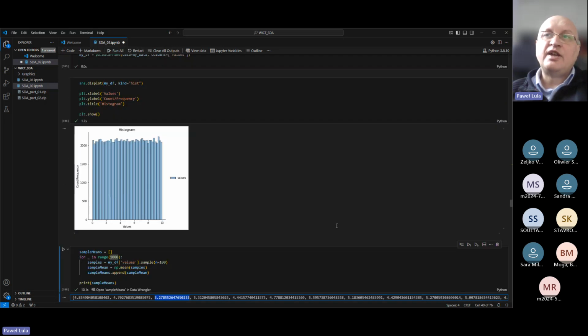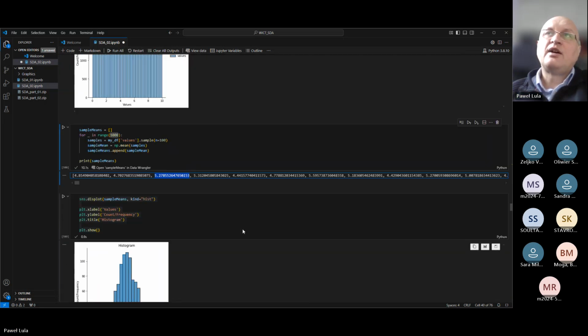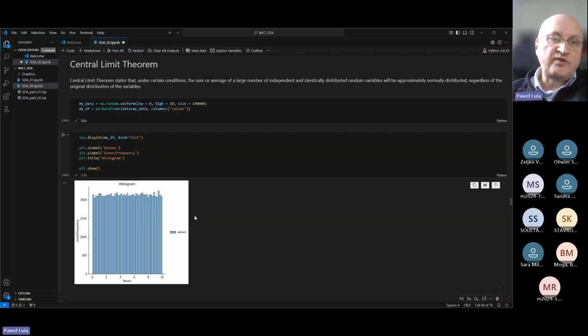And it is the illustration of the way in which this theorem works.